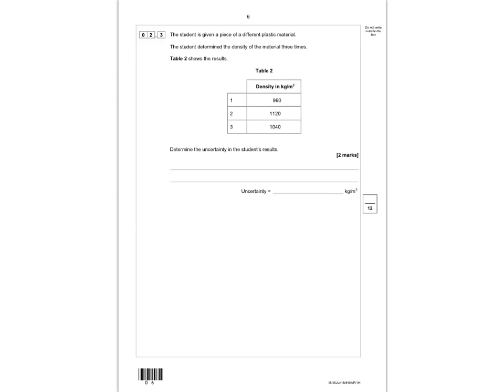The last part of question 2 asks you to determine the uncertainty in the student's results collected here. So you can see the density, and you've got a range 960, 1,120 and 1,040. Now you should know that the range, or the uncertainty, is given by half multiplied by the range of your values.